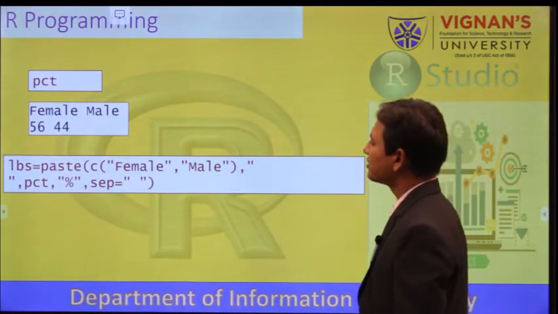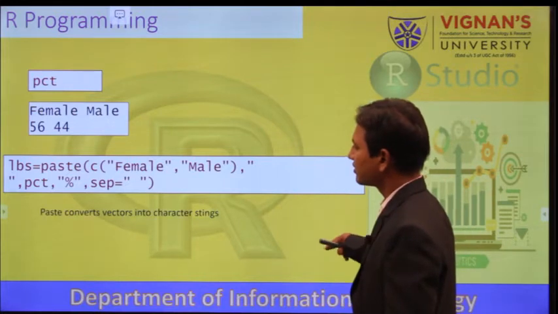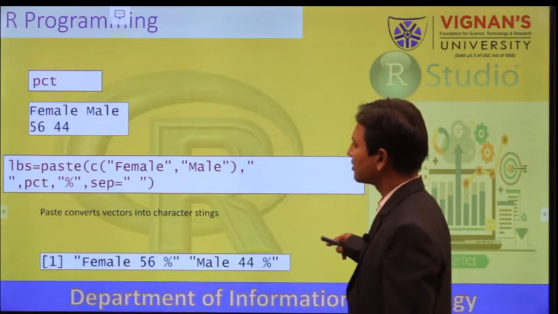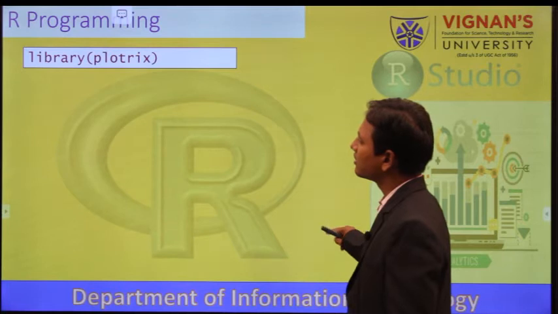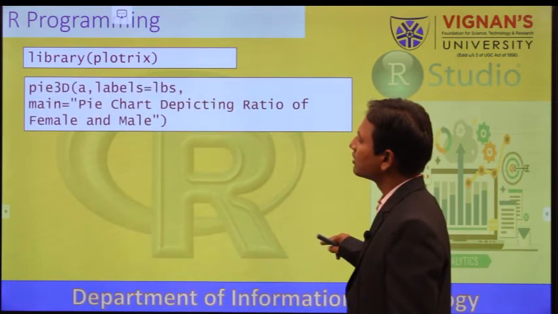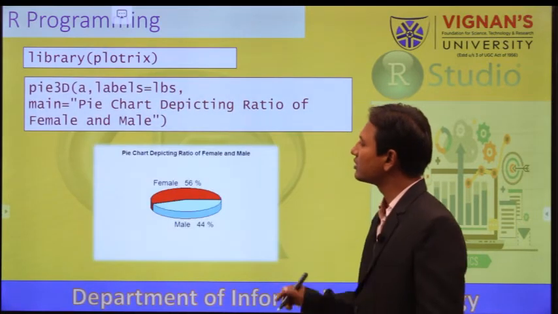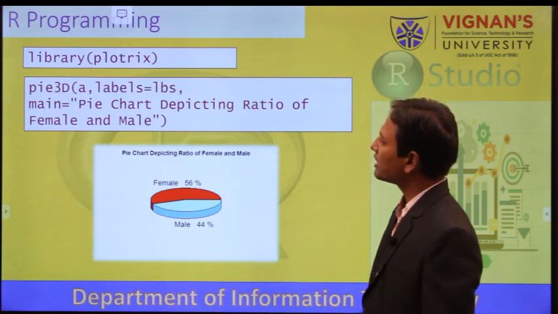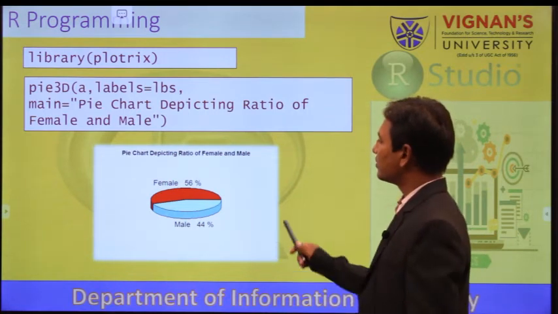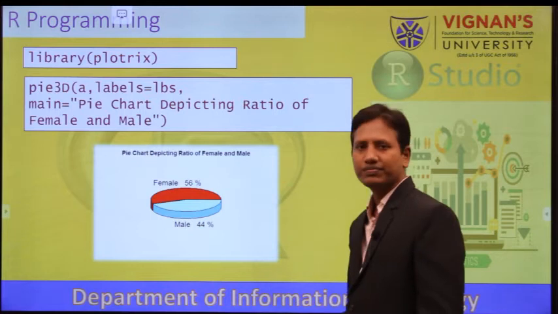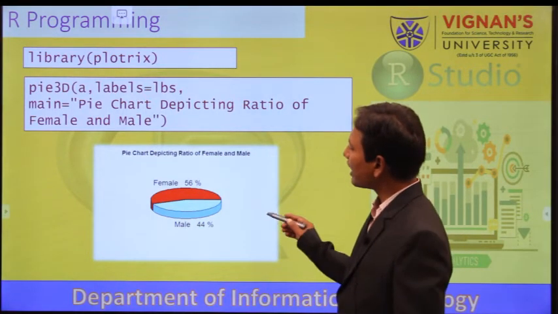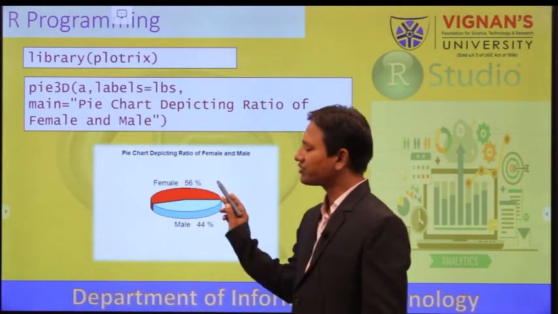Let us see this. So this is the pie chart in 3D format. It is showing the data in the form of percentage.